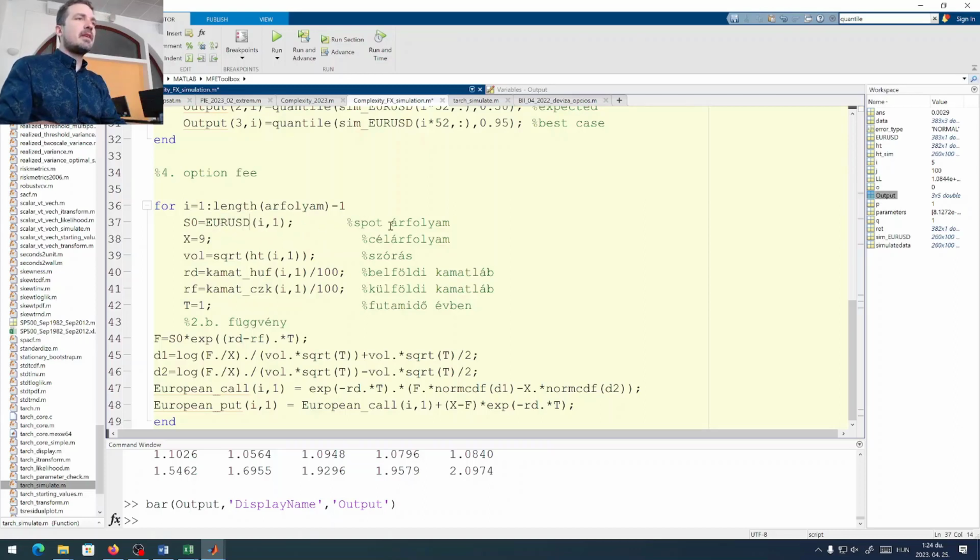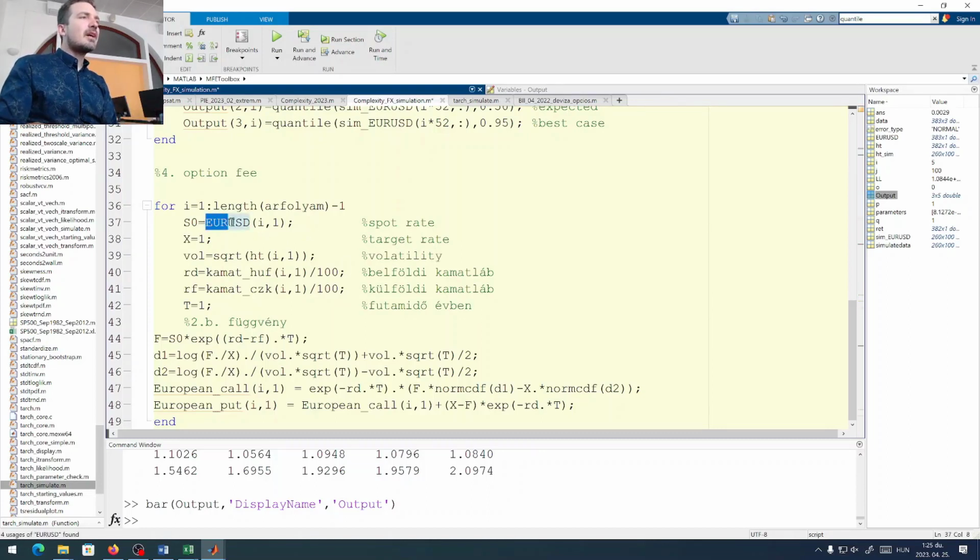USD. So we need a spot rate for that one, and we need a target rate. We don't want to run any kind of foreign exchange rate risk, so that's why we will set it to 1. And we need a volatility.